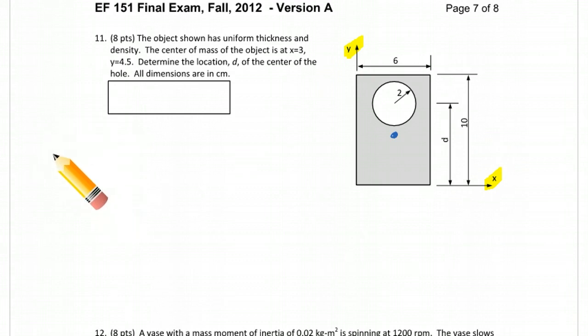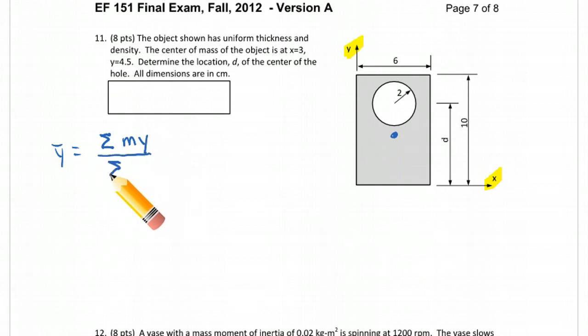direction. In general, y bar is equal to the sum of all the individual parts of the mass times the y values over the sum of the total mass. Again, we'll work in areas because it's proportional to mass in this case, and we'll need to figure out how to break this thing down.